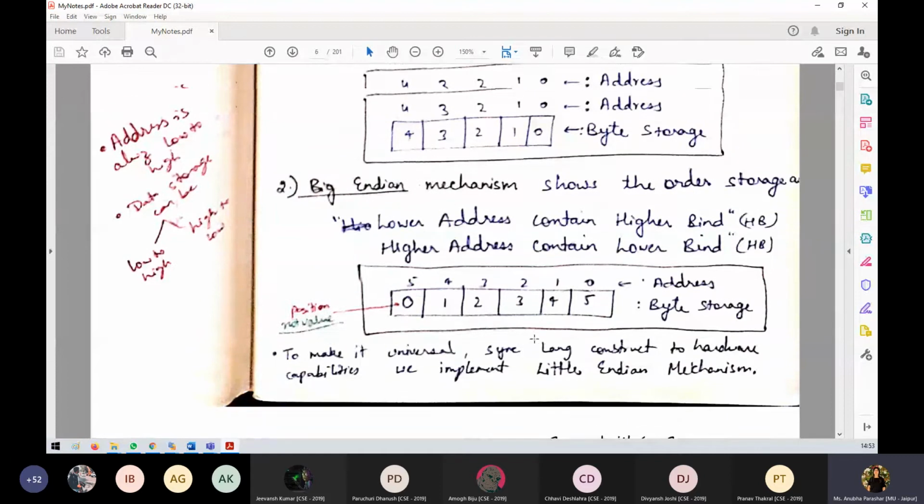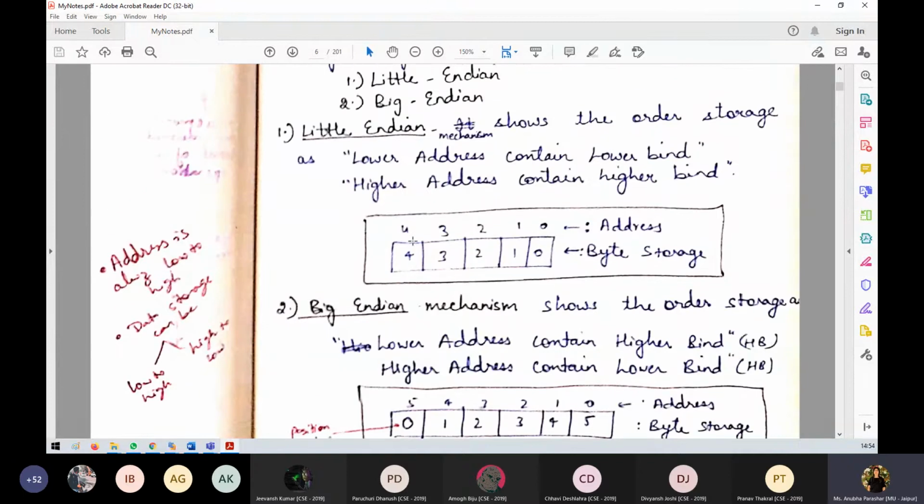You can always say that as the question does not suggest which endianness mechanism they are following, we are considering little endian. If you wish, you can consider big endian as well, but you have to explicitly state which endian mechanism you are going with. Any doubt in it? No, ma'am.